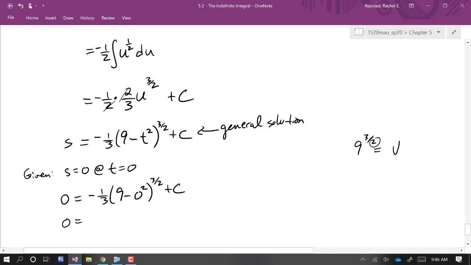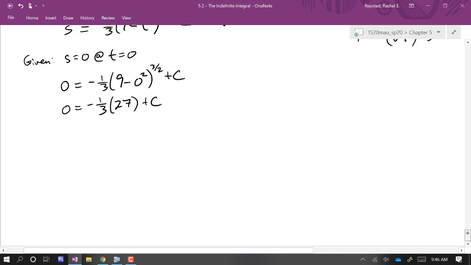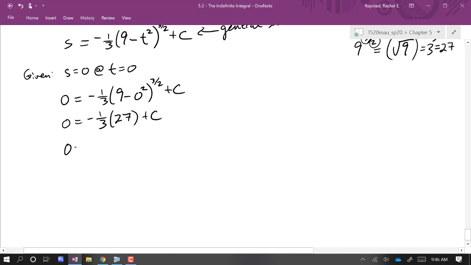That tells us the root we're taking, so it's a square root of 9, and then we're cubing that. So 3 cubed, or 27. So that's negative 9 plus a constant. That constant is equal to 9.